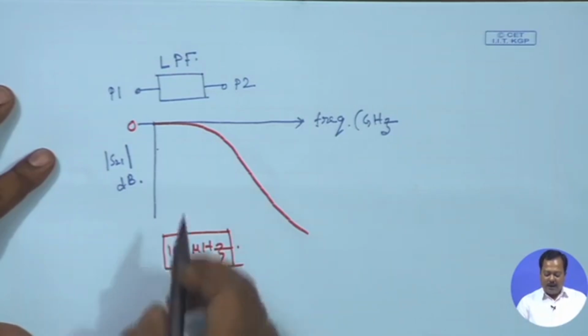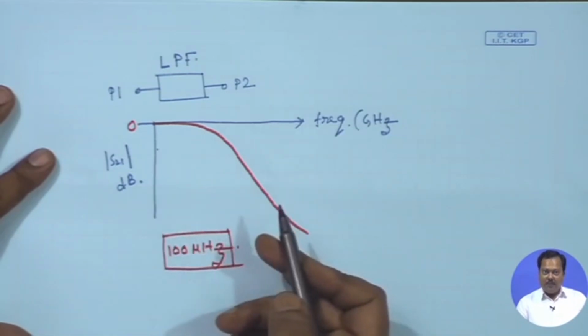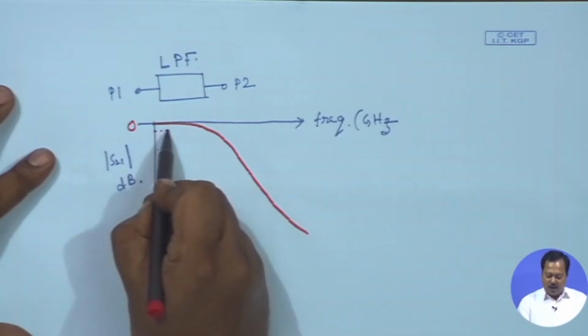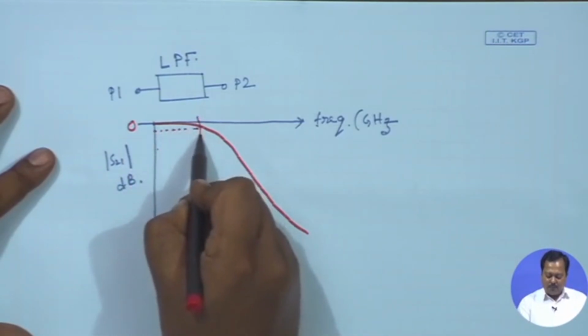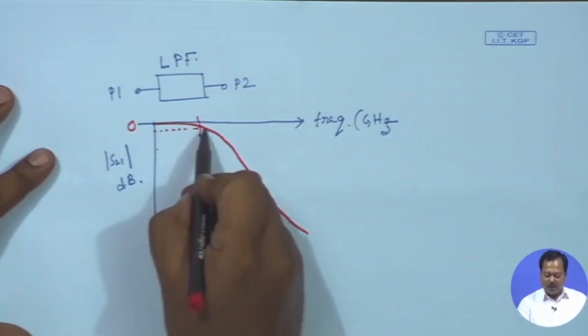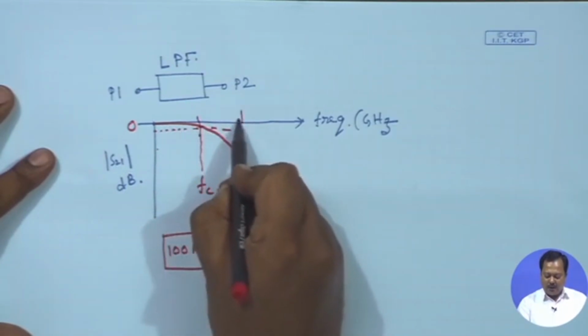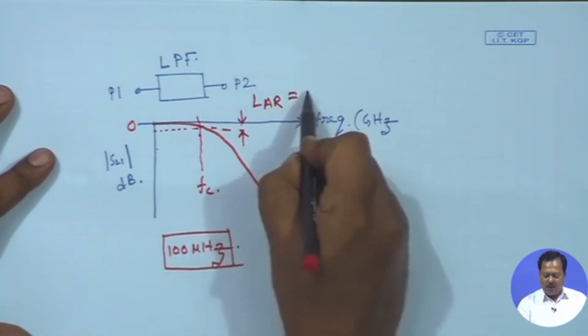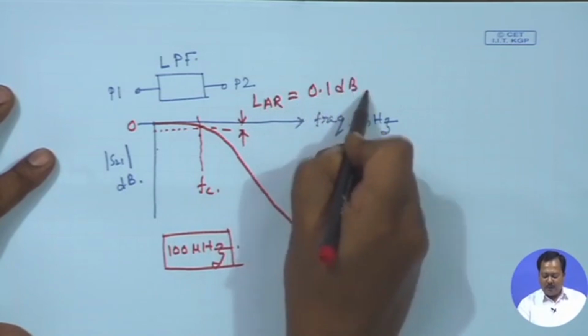So, we can define LAR, let us say 0.1 dB or 0.01 dB, at a minimum FC of 100 megahertz. So, LAR is equal to, let us say, 0.1 dB.